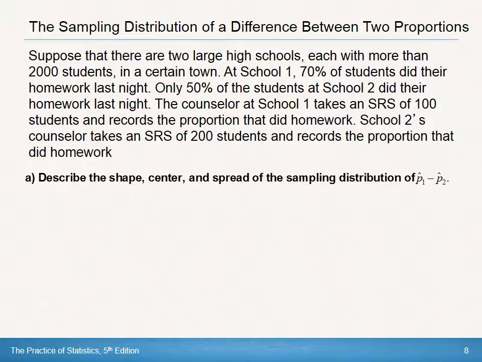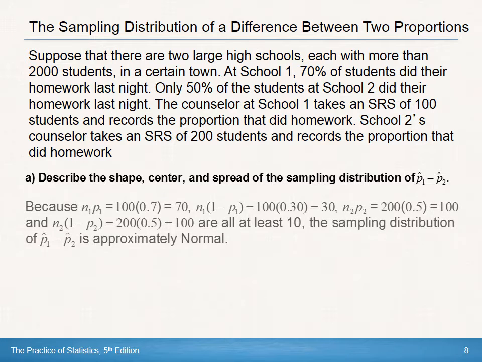of the sampling distribution. So, first, we take n sub 1 times p sub 1, 100 times 0.7, and we get 70. n times q, which is 100 times 0.3, and we got 30. Then we did the same thing for the second population, n times p and n times q. All of these are at least 10, so the sampling distribution is approximately normal.